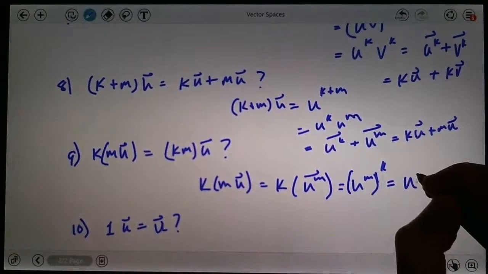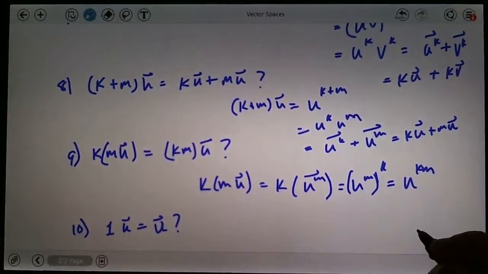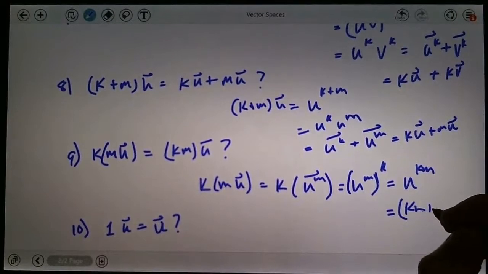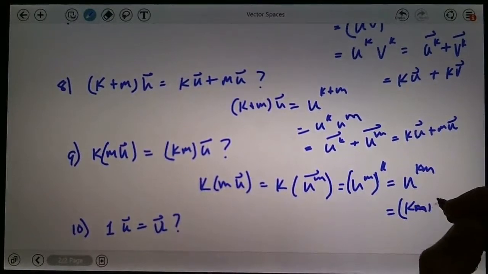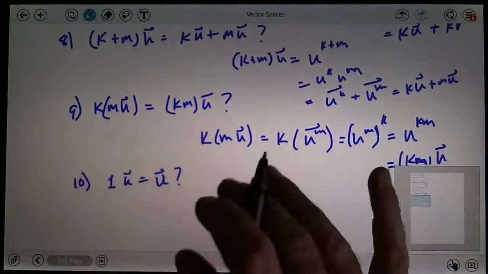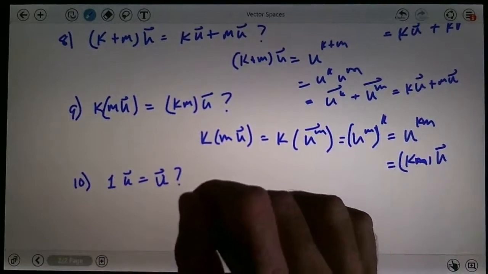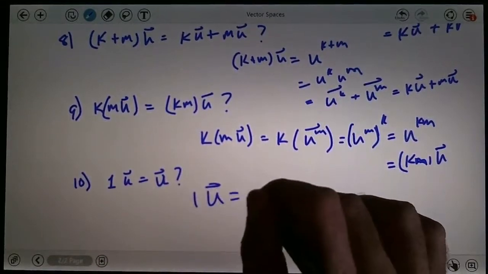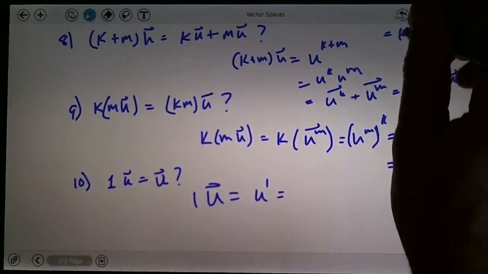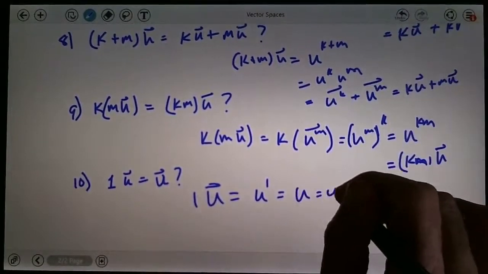This would be u to the km, but that's km times the vector u. Okay. And lastly, if I have 1 times u, by definition, that would be the number u raised to the 1 power, but that's just equal to u, which is the vector u.